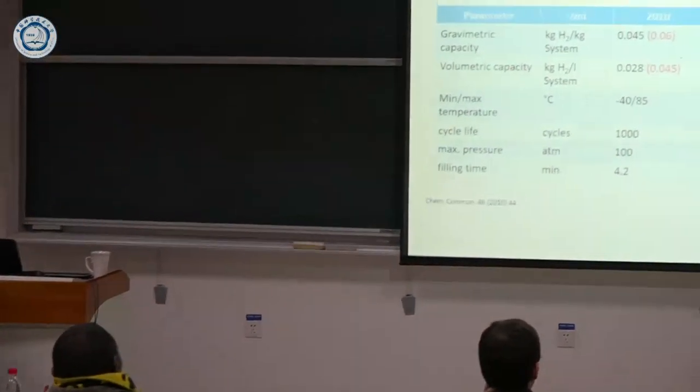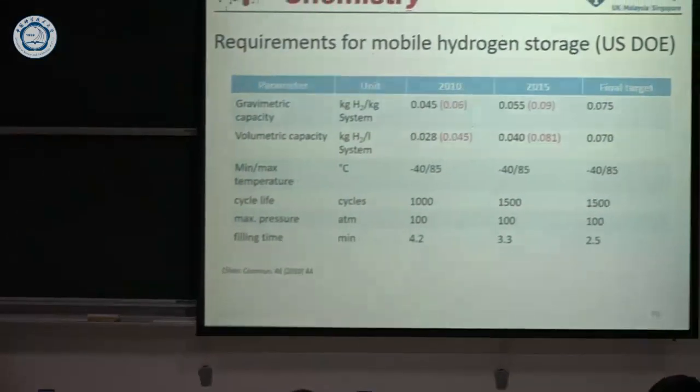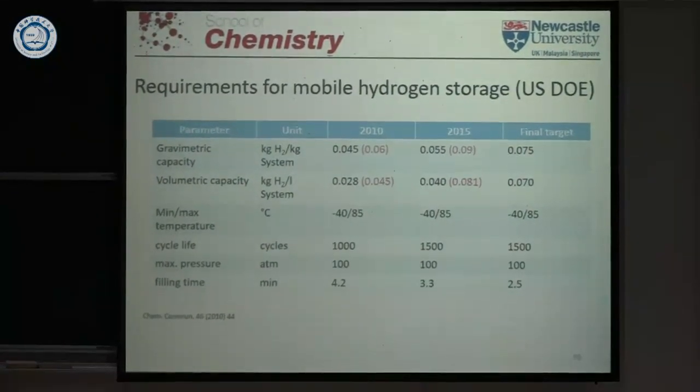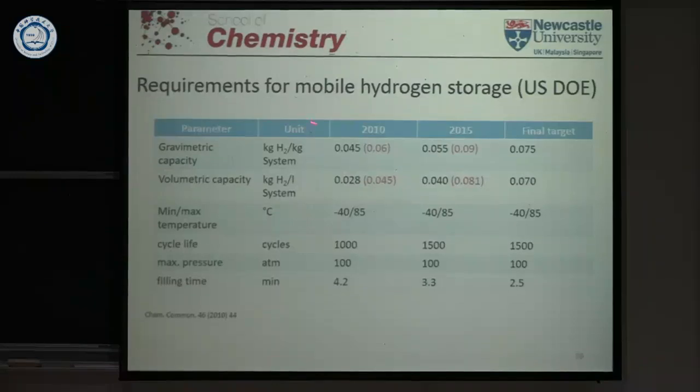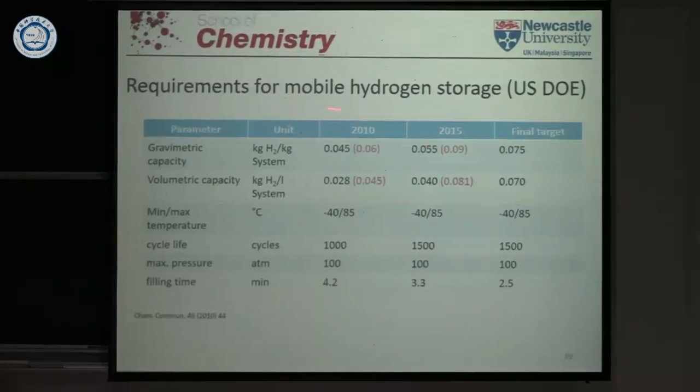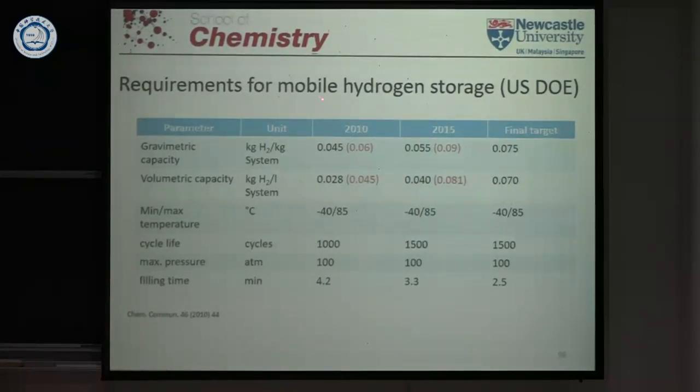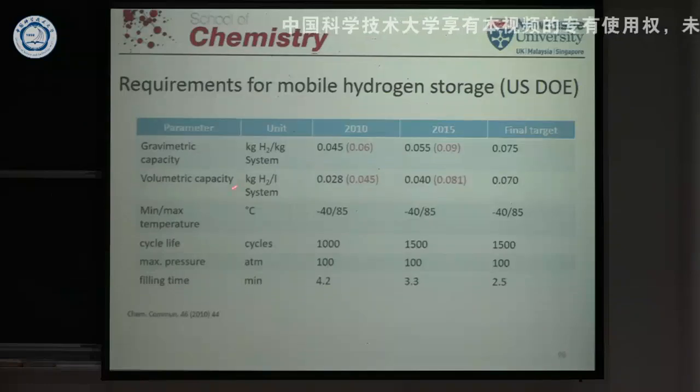So when you have a liter of hydrogen, that's not actually very much. So again, we have to look at the requirements for mobile hydrogen storage, again from the Department of Energy, when you want to use that, let's say, in a vehicle environment.